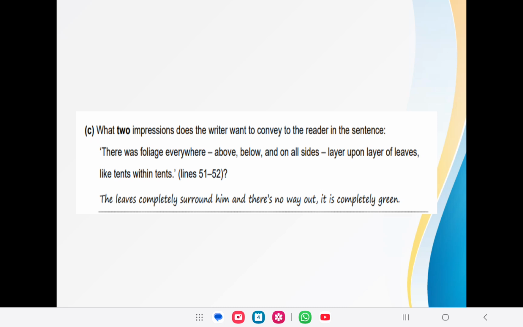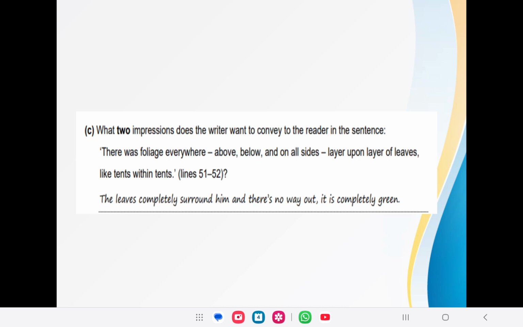Now look at this question. The sentence that has been taken from the text is written here. This question carries 2 marks. They have asked you for 2 impressions, so you need to write your impressions very clearly.